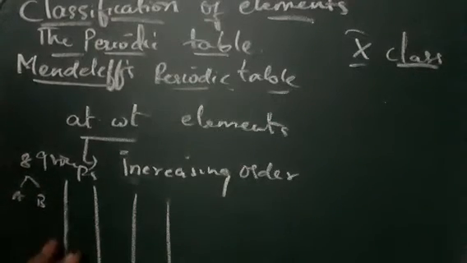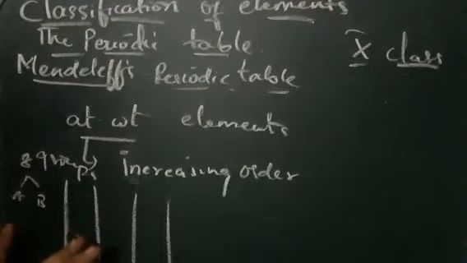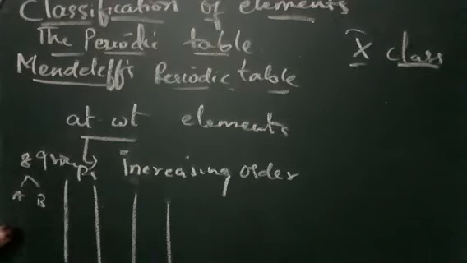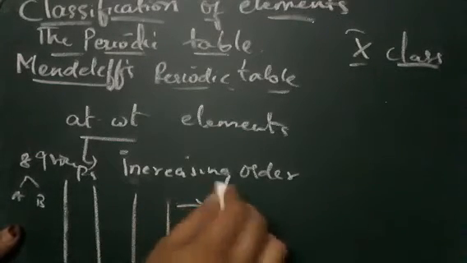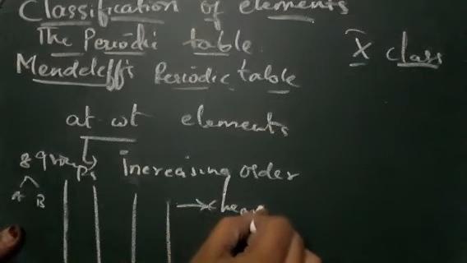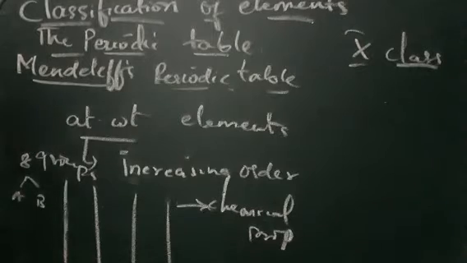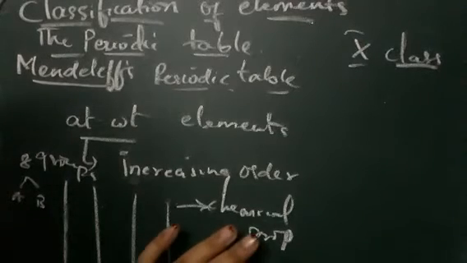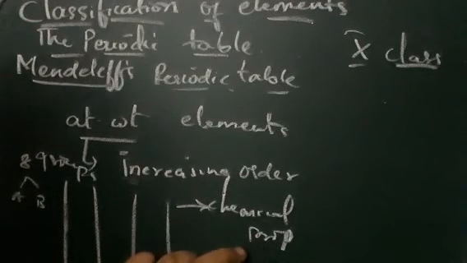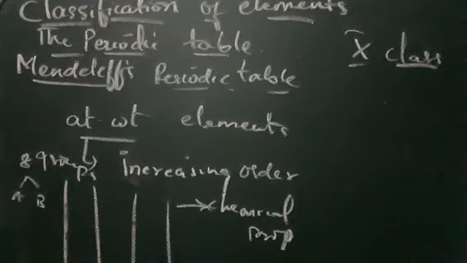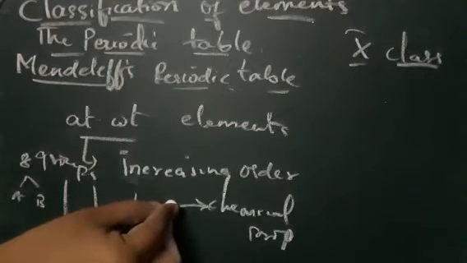Each column contains elements of similar chemical properties. It is said that elements in a group have similar chemical properties, and elements along the periods have different properties. As I said, it was arranged like this.